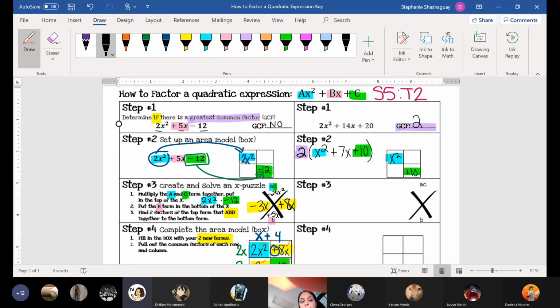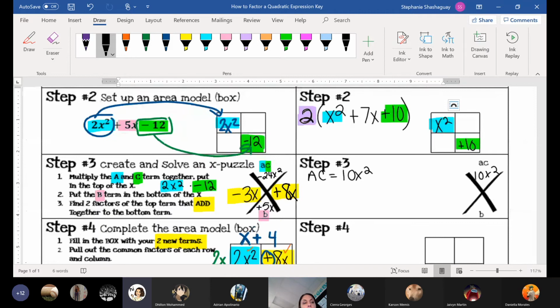Okay, now we need to determine what our a times c is. Well, 1 times positive 10 is going to be 10x squared. So we're going to put that in the top of our x. I'm going to zoom in a little bit more so it's easier for me to write.